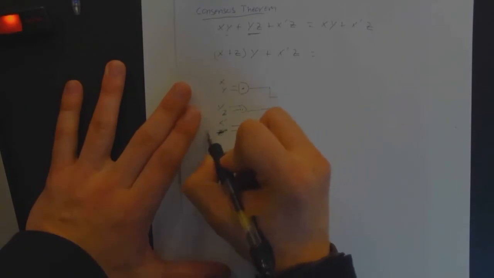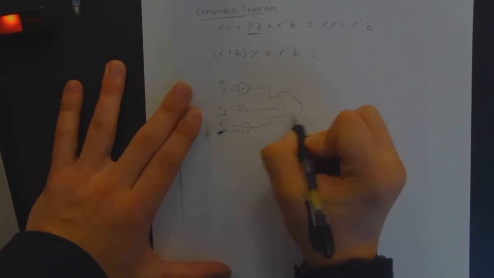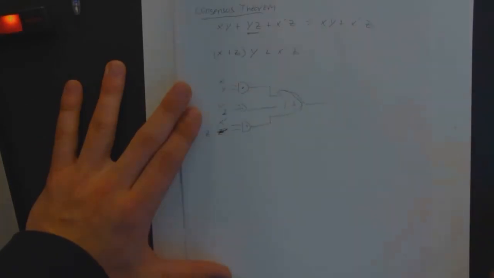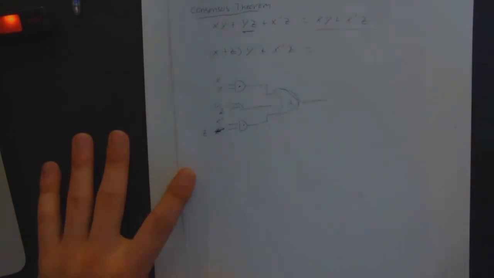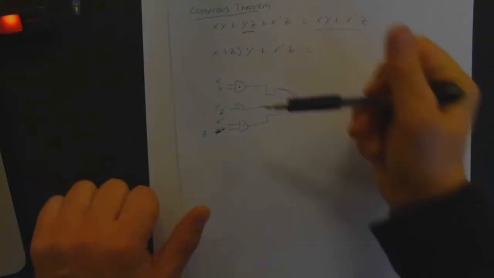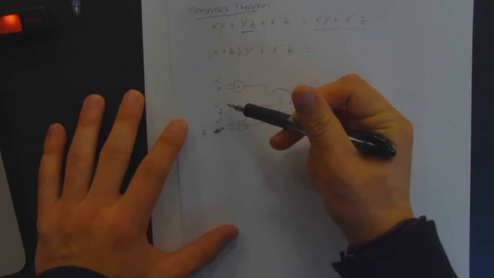All this goes together. X prime on the bottom. It's going to be a really big or. That's fine. Okay. And that all comes out and it equals this one over here.